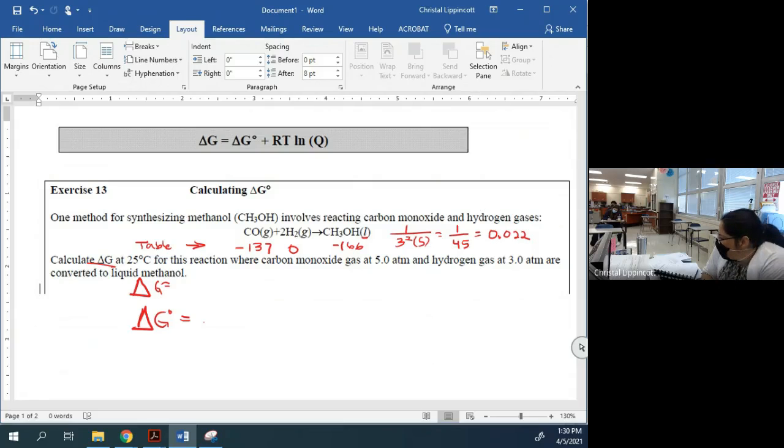All right, so we're going to take this negative 166 and subtract a negative 137. So our delta G prime is going to equal negative 29, and that's kilojoules per mole.